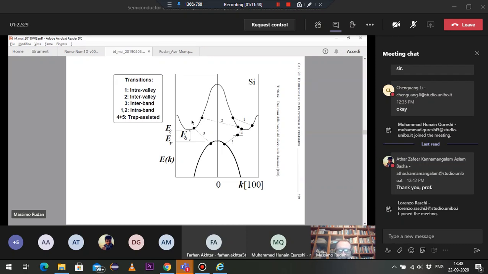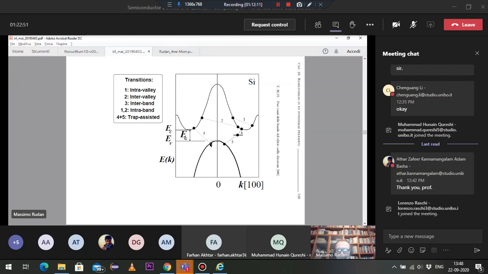So consider, for instance, a transition of type 3 in which the initial state is in the valence band and the final state is in the conduction band. So initially we have an electron that belongs to the valence band.